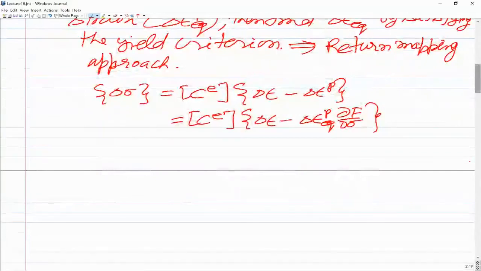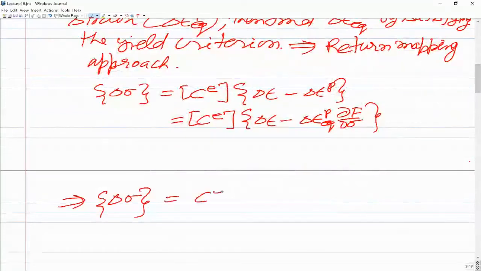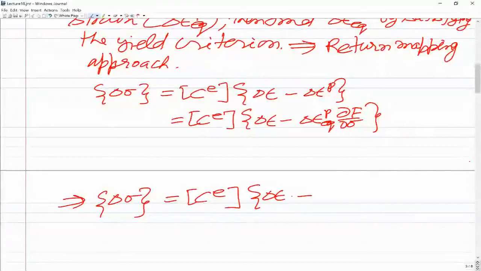Of course, we are talking about the associative flow rule. So delta sigma will be equal to CE, the elastic constitutive matrix, into delta epsilon minus the second term, and you can understand which is vector and which is scalar from the context.